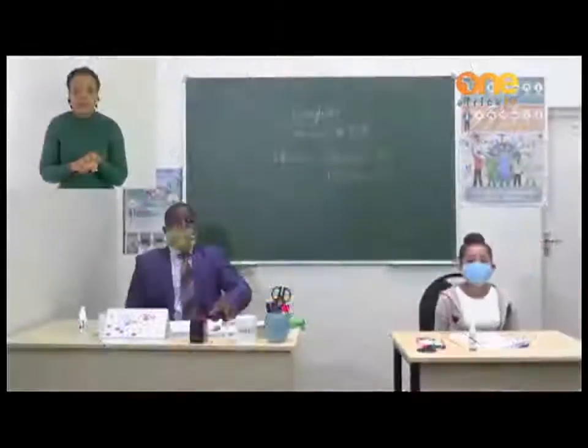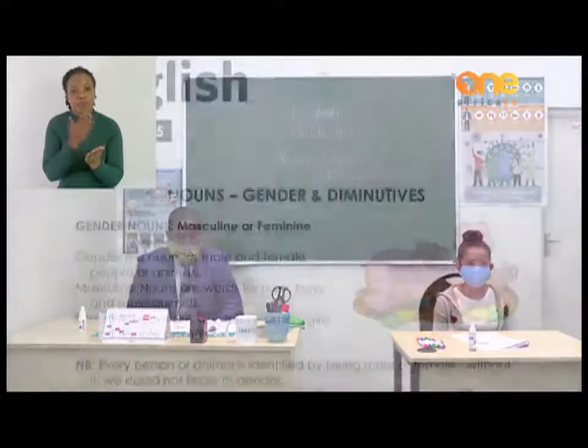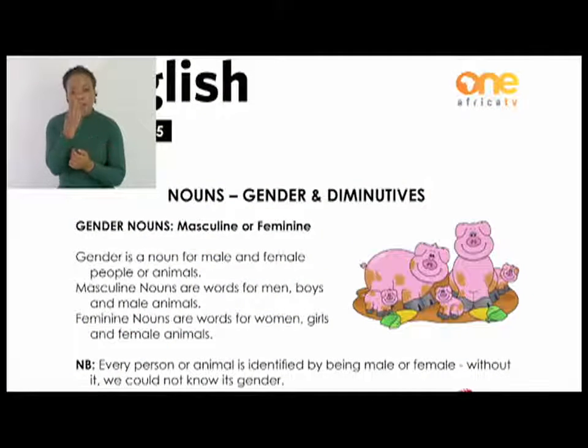Okay, let's turn our books to page 3, where we are talking about gender and the diminutives. One may want to know, what is gender? Yes, gender is a noun for male and female people or animals.